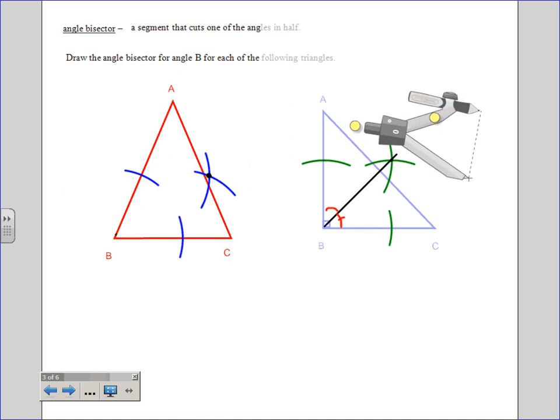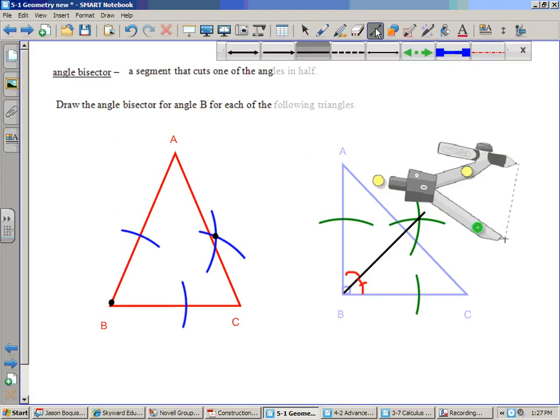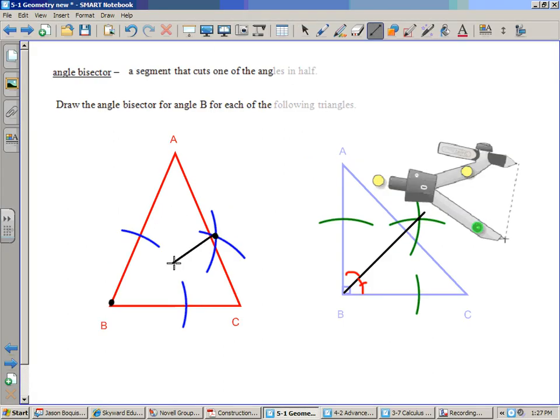We got 1 point there, 1 point there. We're ready to go. There it is. Cuts it in half. How about any questions on that one?